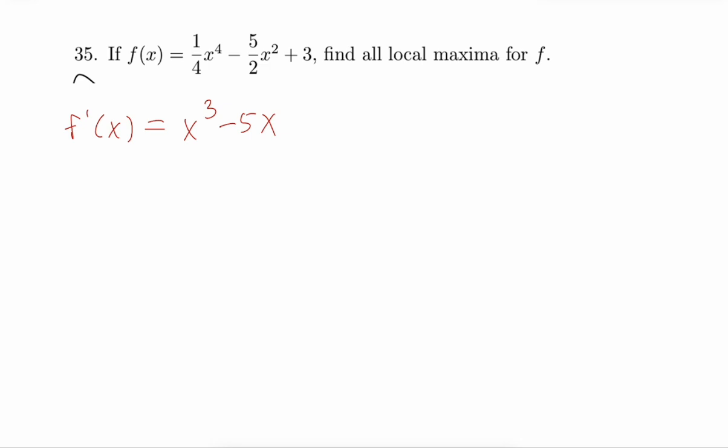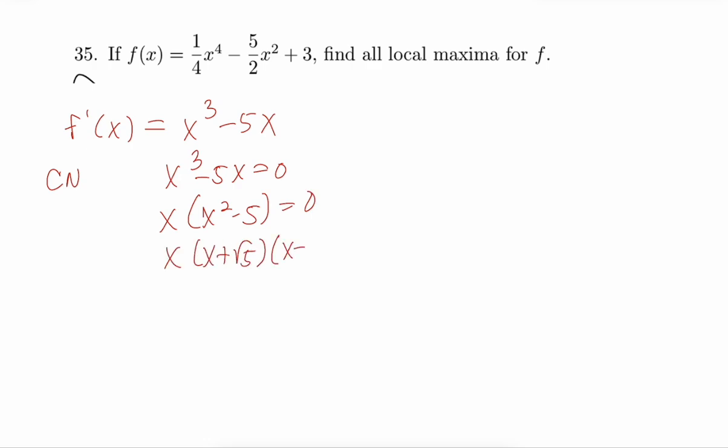Remember, after you do that, we have to find any critical numbers because that's what we have to put in our plus minus chart. Well, x cubed minus 5x equals 0. However you find it, the critical numbers are at 0 and plus or minus the square root of 5.